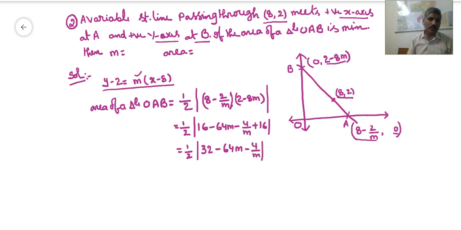That is the information we got. Now observe here, (minus 64m minus 4 by m) divided by 2 is always greater than or equal to the square root of (minus 64m into minus 4 by m).